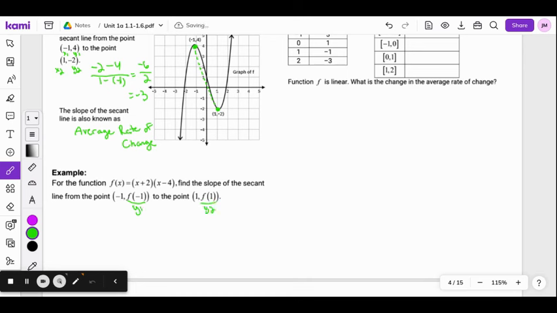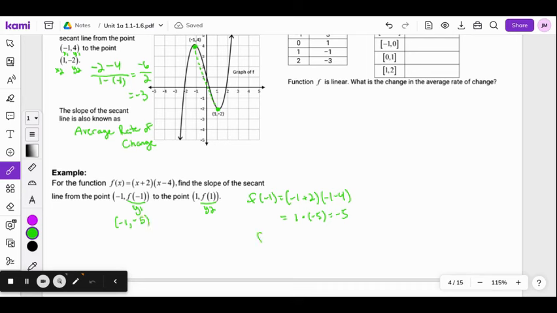Okay, well, we know that f of -1 is going to equal, if I plug everything in, -1 plus 2 times -1 minus 4. That's going to give me an answer of, what, 1 times -5, which is -5. So this is the same thing as the point (-1, -5).